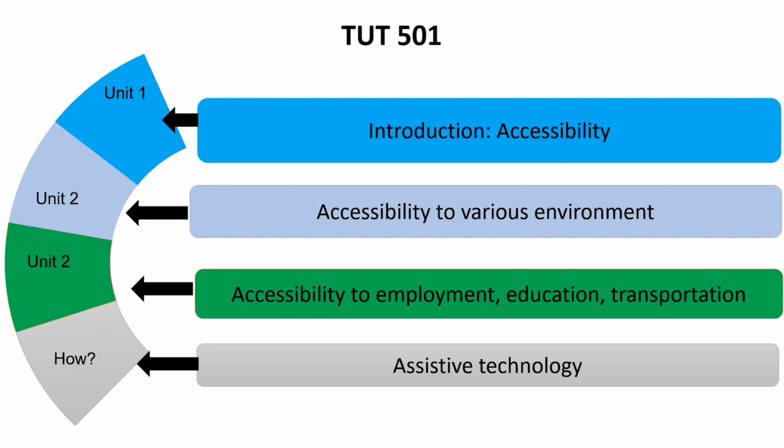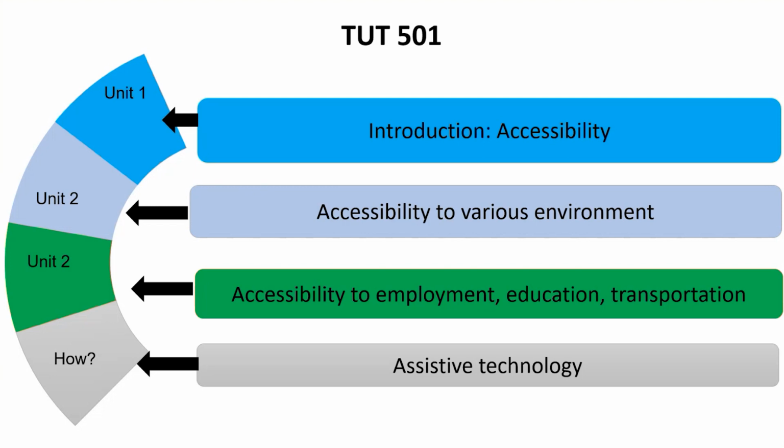The module consists of 3 units. Unit 1 is on the accessibility aspect. The concept of accessibility is discussed in detail in Unit 1. Unit 2 will be looking at accessibility to various environments: accessibility to employment, accessibility to education, and accessibility to transportation.